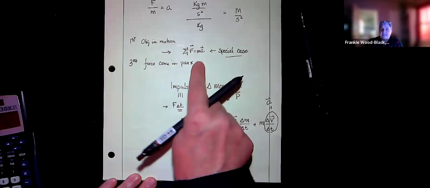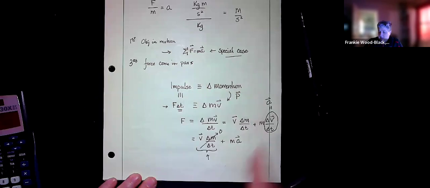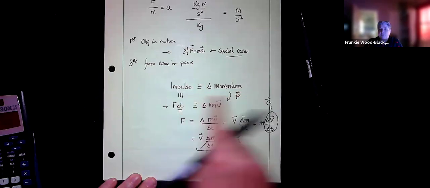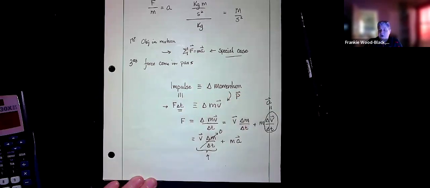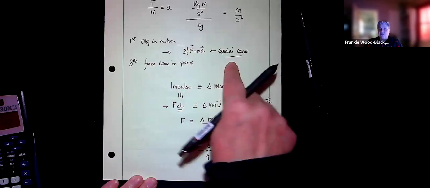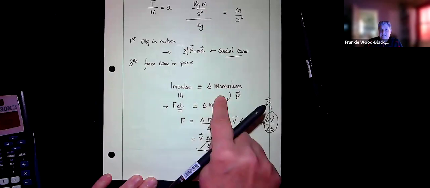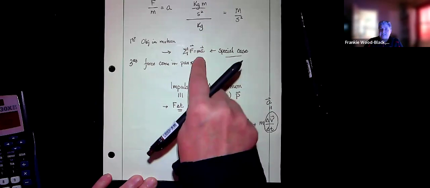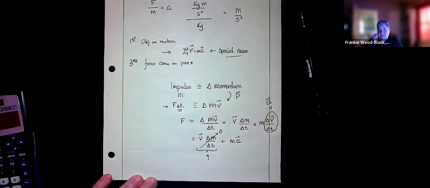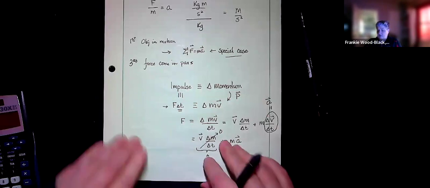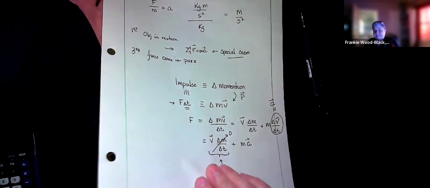And that's why this is a special case. And we will come back to that when we start dealing with the momentum chapter. But I hate to tell you that that's Newton's second law, because that's not what Newton said. Newton said this, and we can get to this second law by doing that. So it's a very special case.